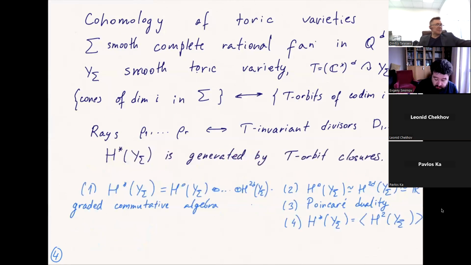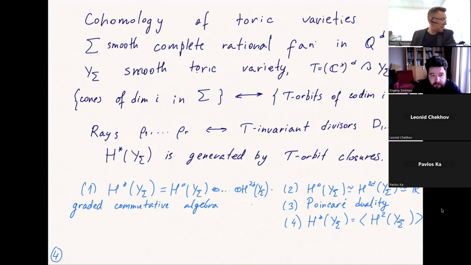And you can ask yourself, what is the cohomology ring of this thing? This cohomology ring as a vector space is generated by the closures of T orbits. You can speak about cohomology or the Chow ring, subvarieties up to algebraic equivalence, and this is quite the same thing.